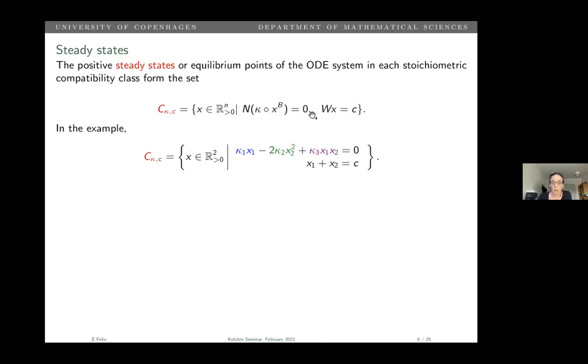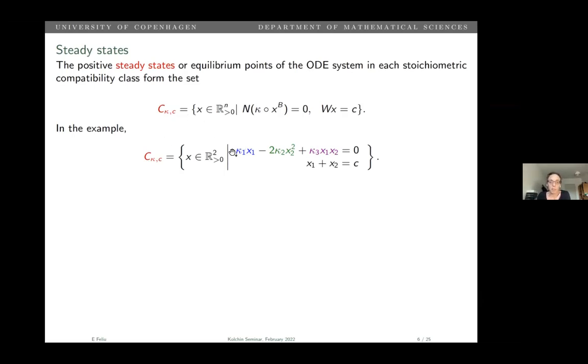And when I vary the kappas and when I vary the c, I have a family of polynomial systems, and I'm looking for the solutions of them in the positive orthant, because now you see why, right? Because we are looking at abundances, at concentrations. So we are interested in positive values.